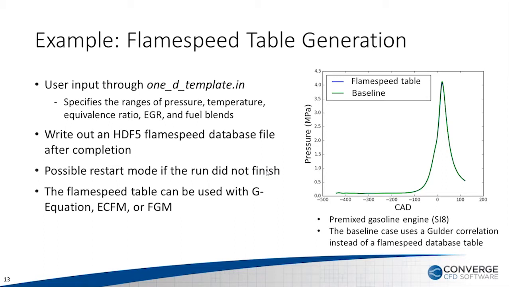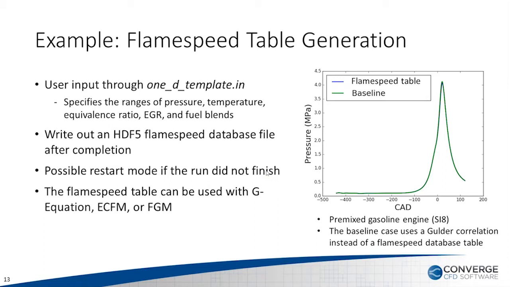Basically, you just need to use the 1D template.in. In this template file, you are able to specify the pressure points, temperature points, equivalence ratio or fuel points, as well as EGR points. We do support more than one fuel.